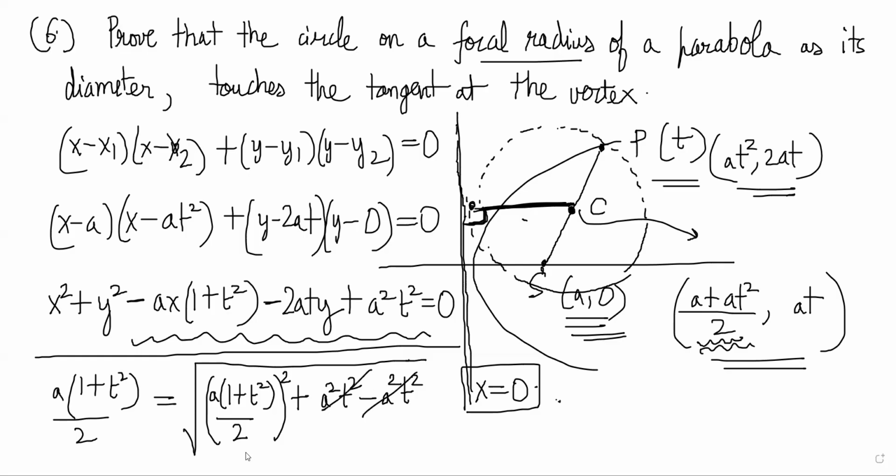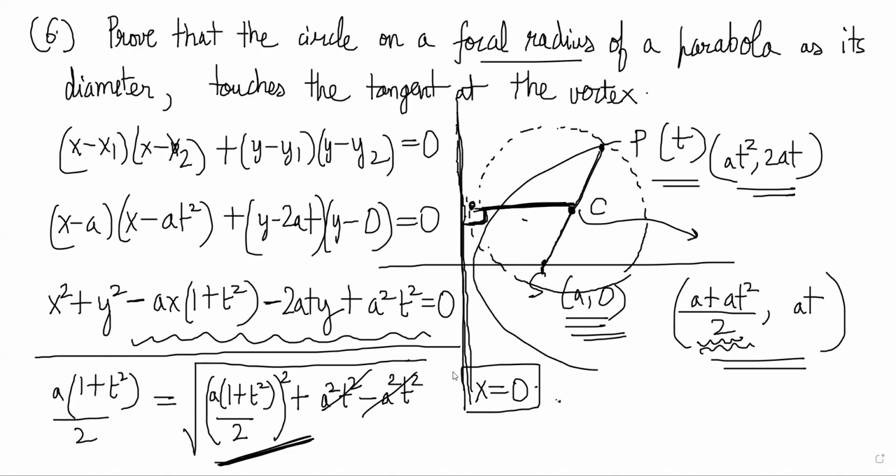So this cancels, and notice now that I am getting this as the radius because you are getting the same thing: a(1 + t²)/2 equals a(1 + t²)/2. So what I have proved is that this circle with the endpoints of a focal chord as the diameter has a radius such that it is touching the y-axis, which was the tangent at the vertex.